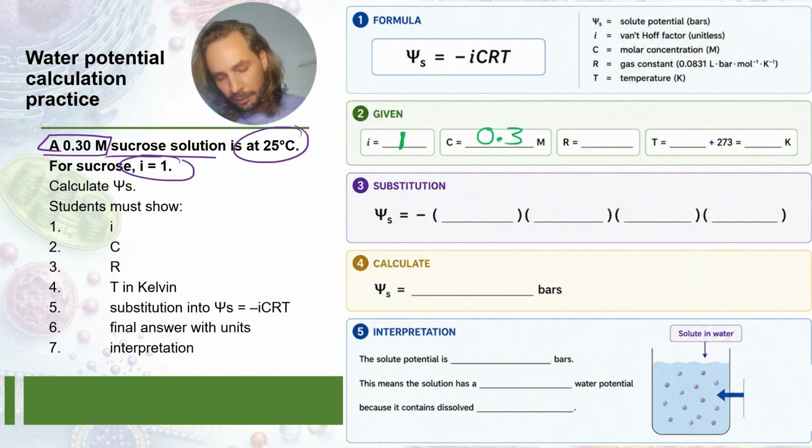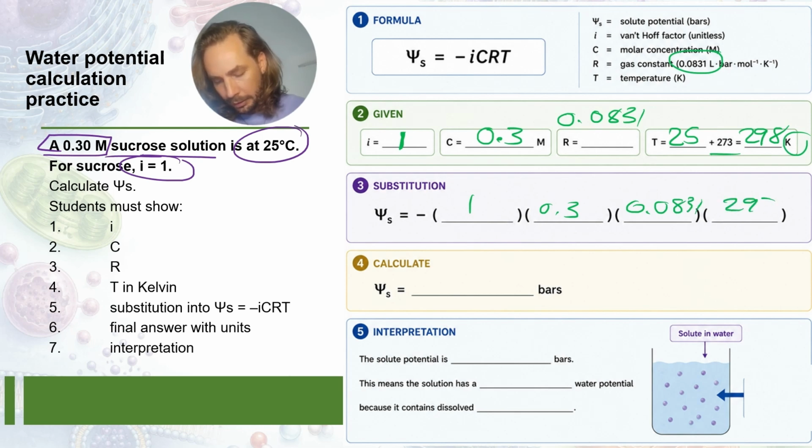It's 0.3 molar, and then this constant is always the same because it is a constant: 0.831. The temperature should be in Kelvin, so that's 25 plus 273, that's 298. So I just rewrite this with 0.831 and 298.